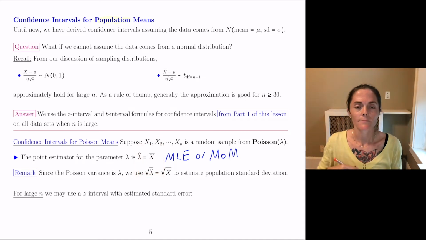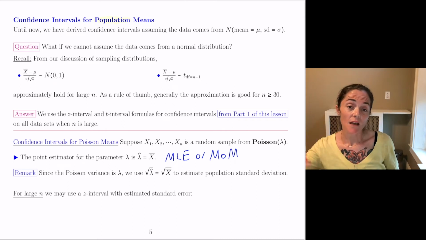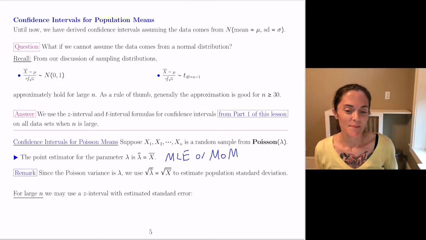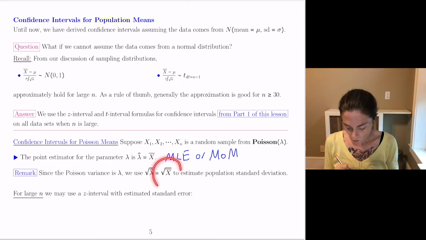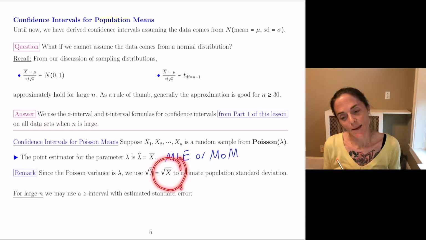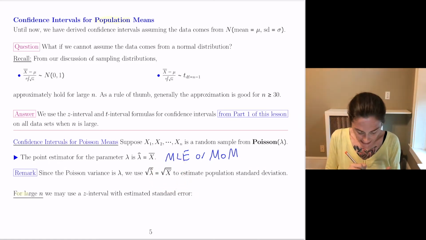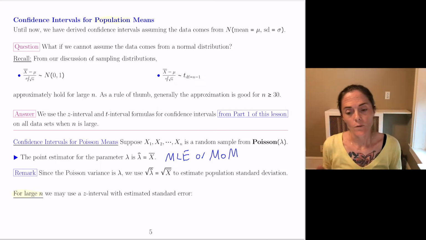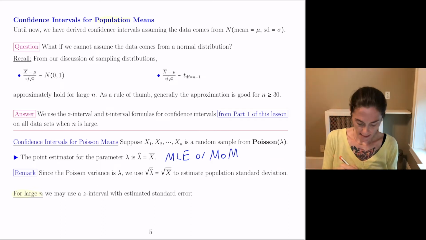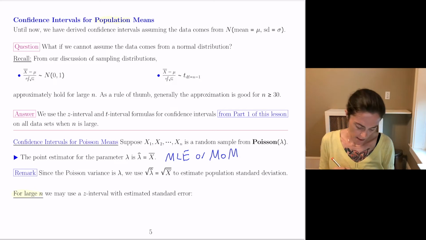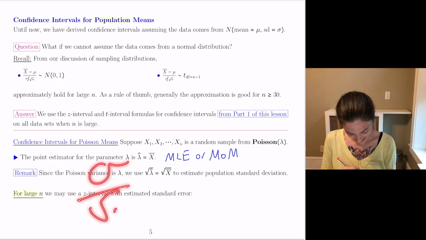Now, since the Poisson variance is also lambda, you can use the square root of the sample mean to estimate the population standard deviation. So as long as n is large, we can use a z interval with estimated standard error. Generally, this is what we want.